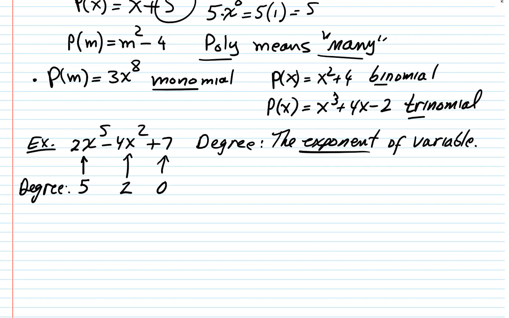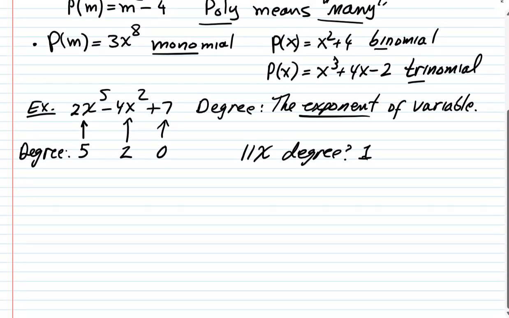Every term also has a coefficient. Now, by the way, if I have a term such as 11x, what's the degree of this term? Well, the exponent on x, if it's not written, is 1, so the degree is 1. Just to put that out there. Now, we talked about the degree of the term.